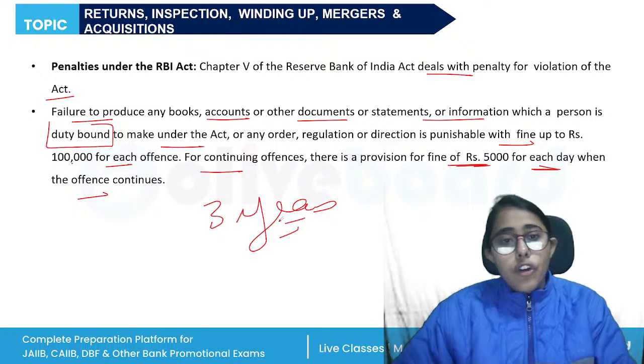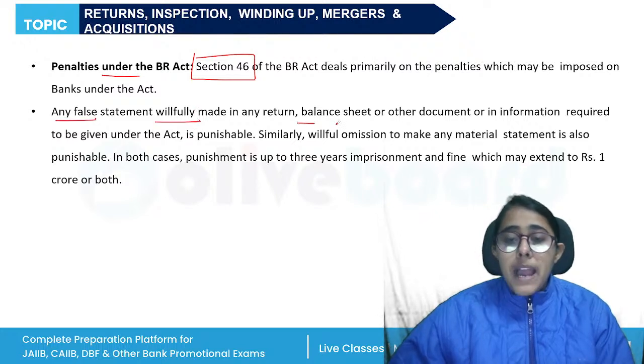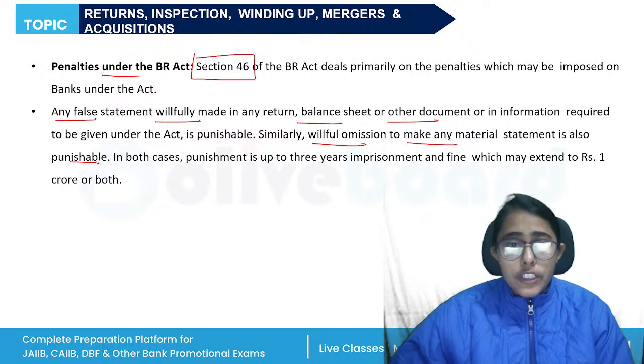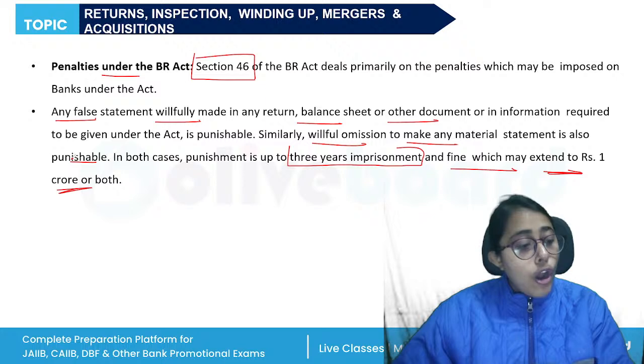Then, if we talk about the penalties under the Banking Regulation Act, it is given under section 46, right? Like any false statement willfully made in any return, balance sheet, or other document which is required, or willful omission to make any material statement, is also punishable. Again, punishment is up to 3 years imprisonment, and a fine which may extend up to rupees 1 crore, or even both.